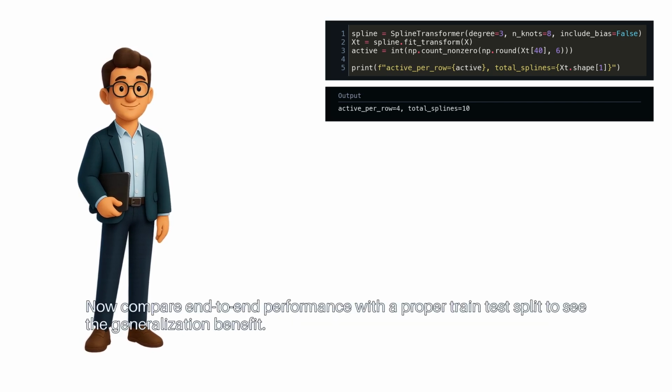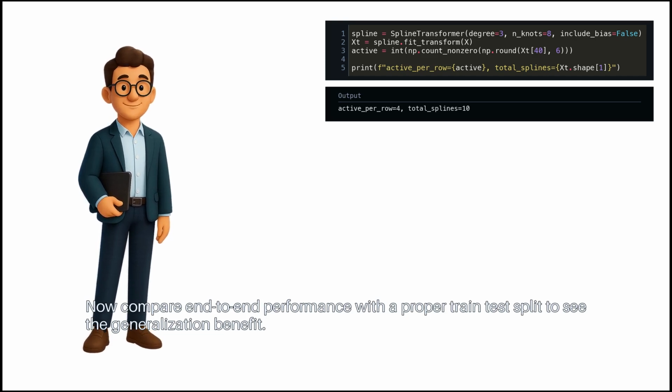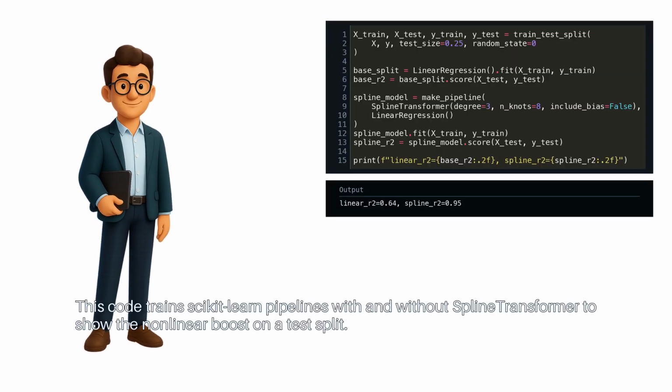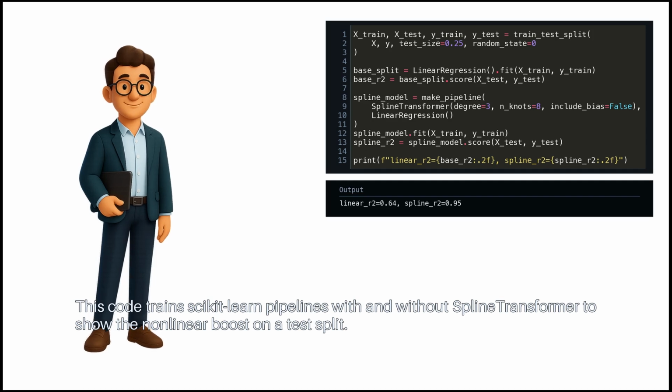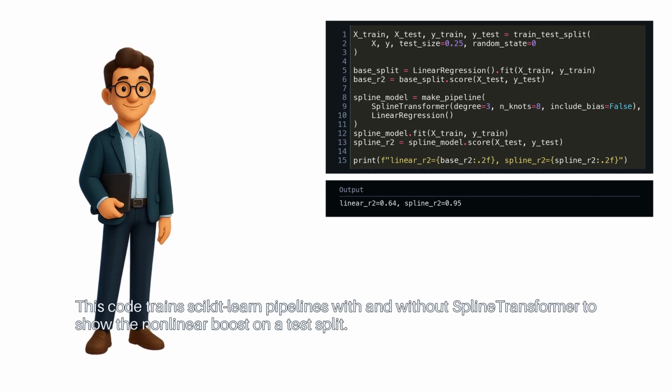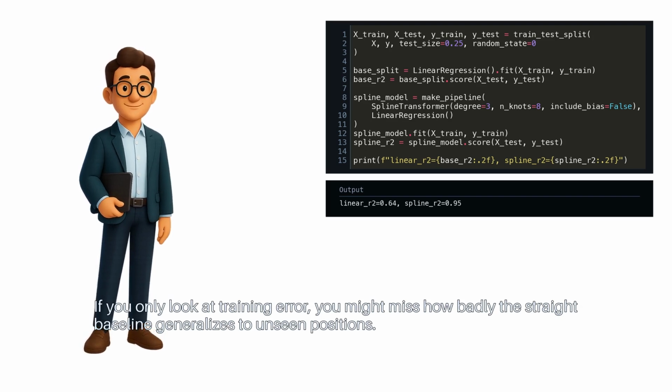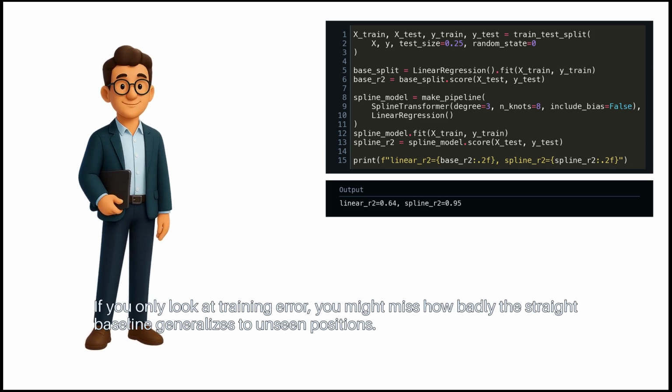Now, compare end-to-end performance with a proper train test split to see the generalization benefit. This code trains scikit-learn pipelines with and without SplineTransformer to show the nonlinear boost on a test split. If you only look at training error, you might miss how badly the straight baseline generalizes to unseen positions.